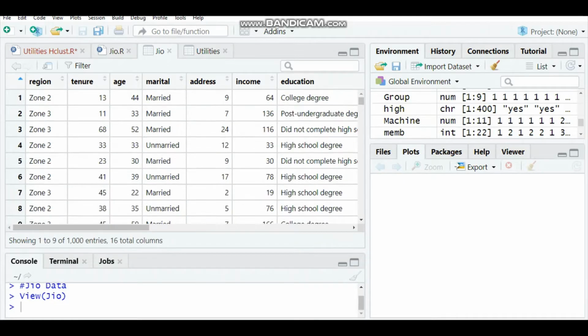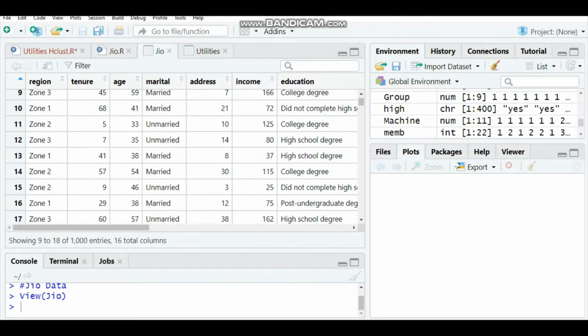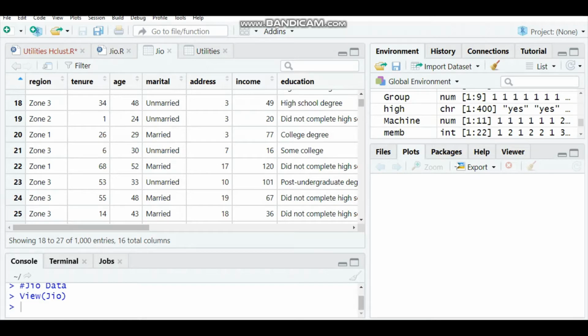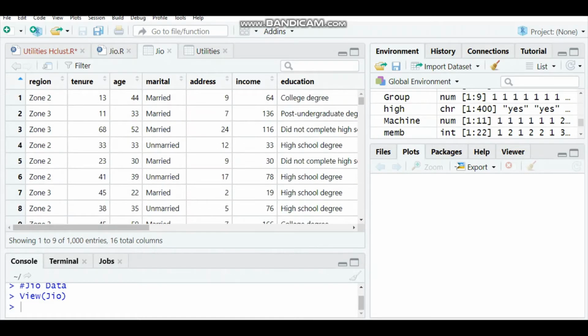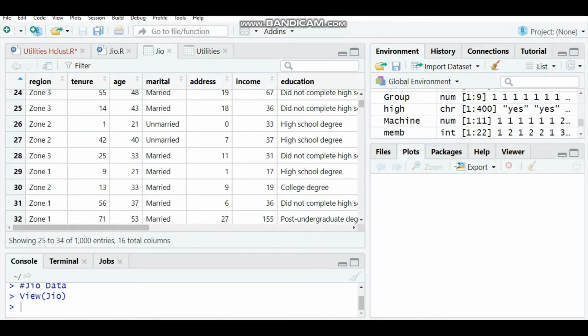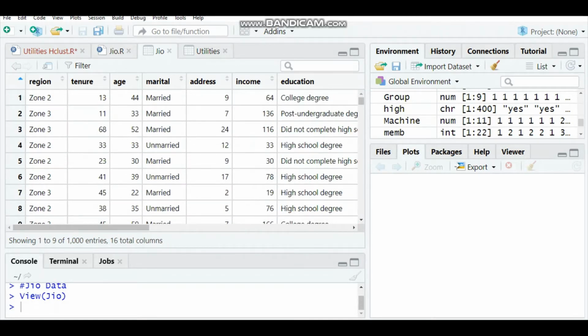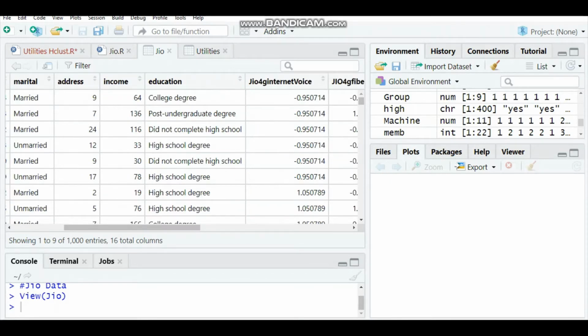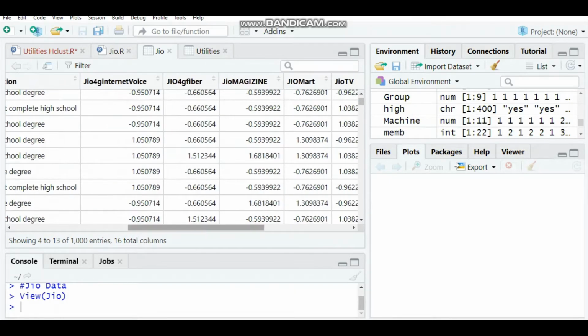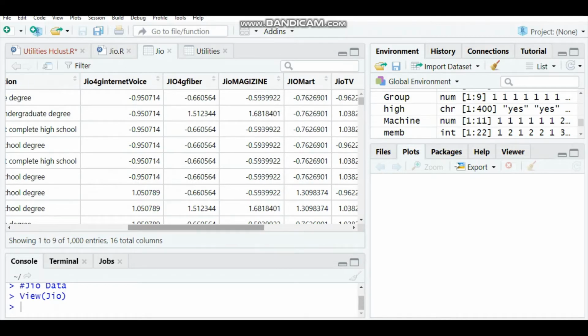There are different zones, and tenure stands for the customer's subscription date, since when the subscriber is connected with Geo, and the age of the customer, marital status of the customer, and their address is coded in numbers, and we have income which is in thousands, and the education of the customers, and the rest of the data is about the services which are provided by Geo.